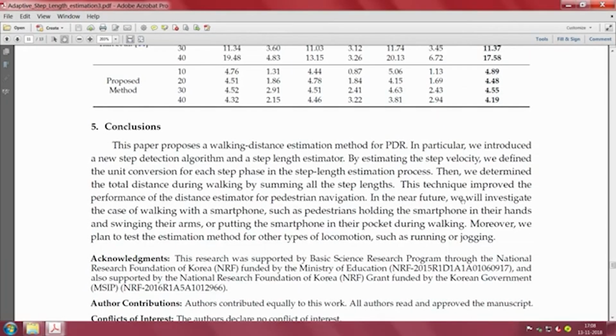They have a way to go with an adaptive k using this walking distance estimation method, and in particular they introduce this new step detection algorithm and step length estimator, and they have some results out there. You can go through this paper in detail and understand them, and perhaps arrive at something which you may want to try yourself.